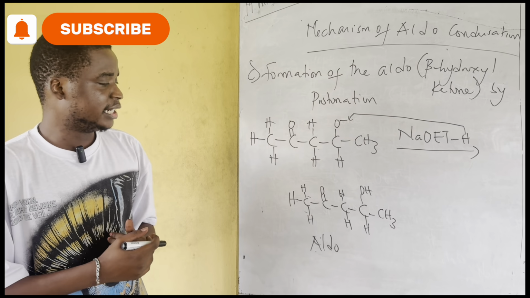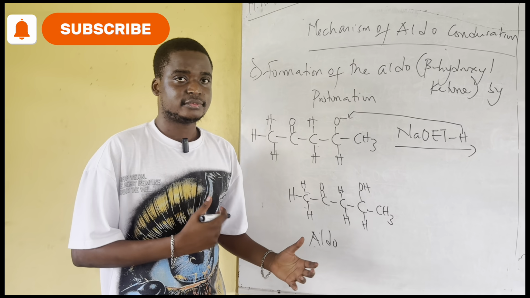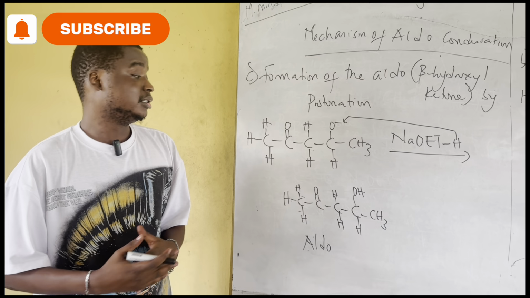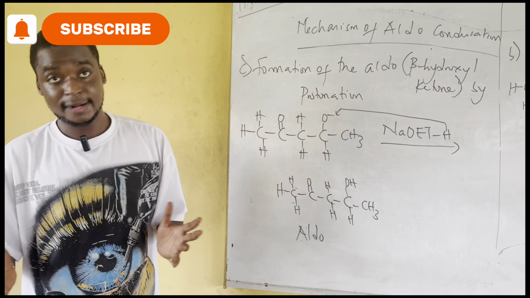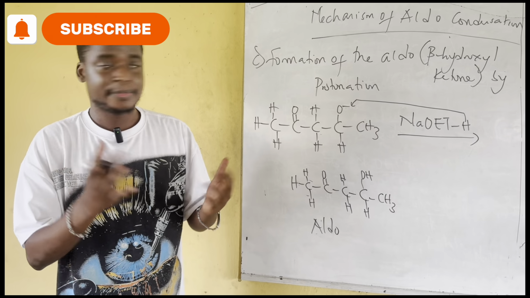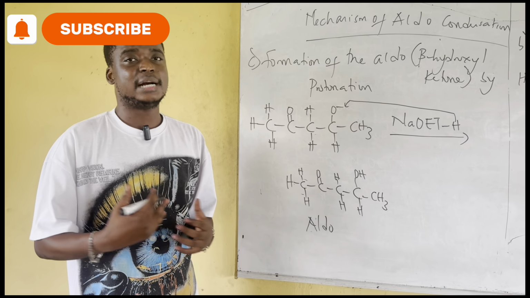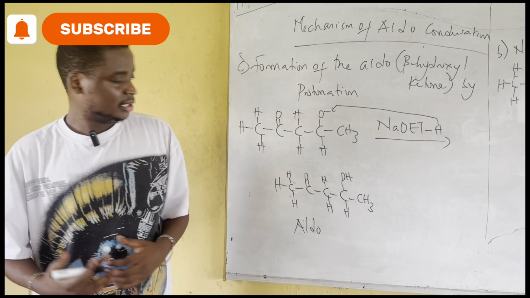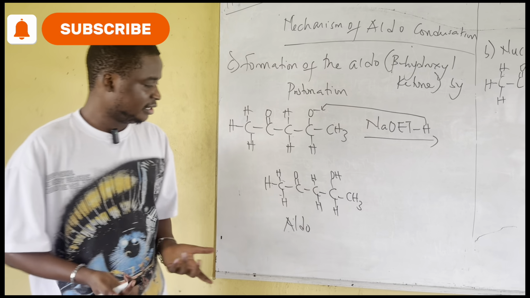Remember earlier in this video, I told you that any carbon that is attached to an alpha carbon is a beta carbon. And in the carbonyl group, that's a group that has a structure that has CO, any carbon that's attached to the carbon that has CO is called an alpha carbon. Now, if you look at this structure, let's label this carbon again.